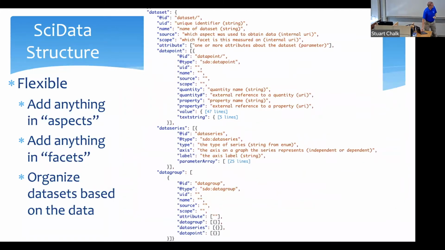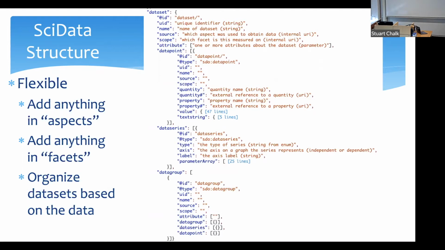Here's a little bit more about the kinds of things you can put in the data set section. We've evolved this a little bit over time, as you might imagine, because data structures need to be understandable in terms of what they can and cannot do. For instance, a data group can have data groups underneath it. My common usage of data group is just to have data points underneath it.